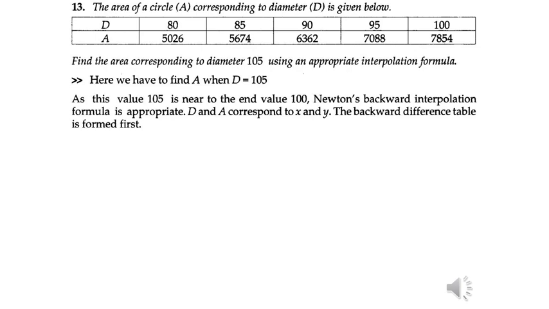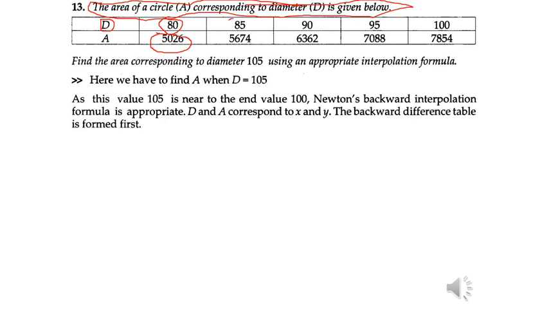Let us see one more applied problem. In this problem, what is given? Area of a circle corresponding to the diameter is given below. That is, when the diameter is 80, then the area of such a circle whose diameter is 80 is 5026 square units.